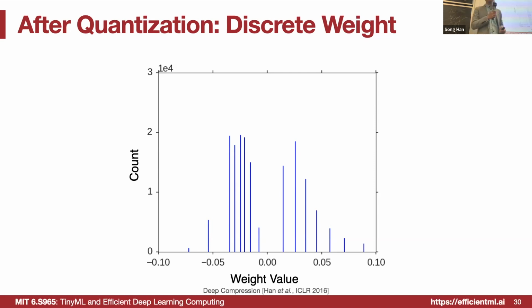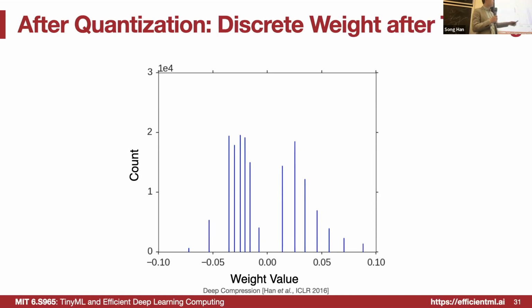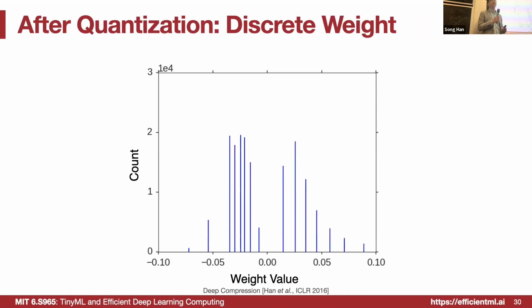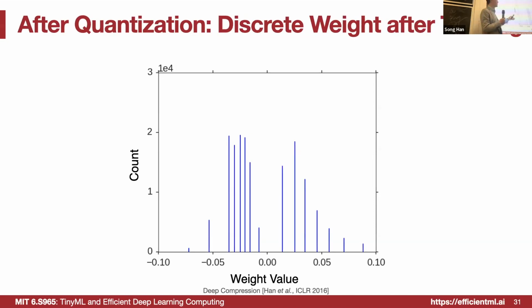And what about after fine-tuning? The weights slightly shift left or right. This is before and this is after. We can observe these small changes in the location of the weights due to fine-tuning.